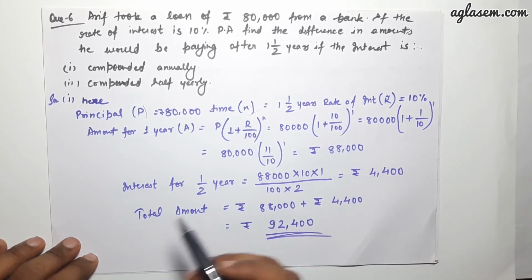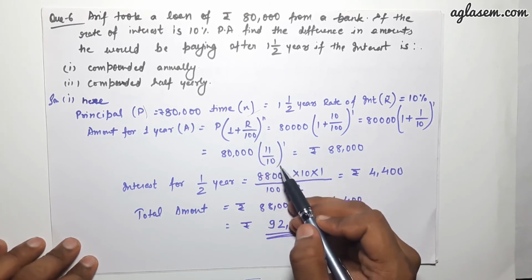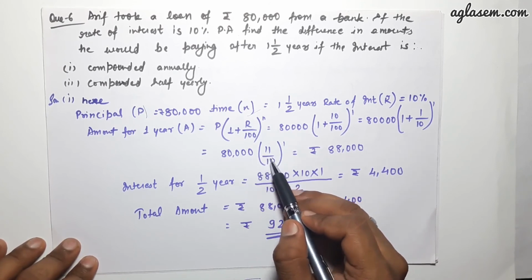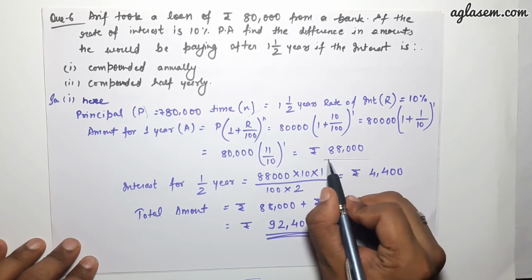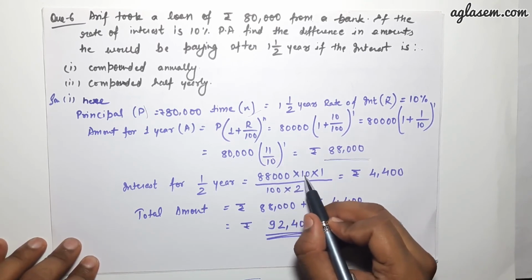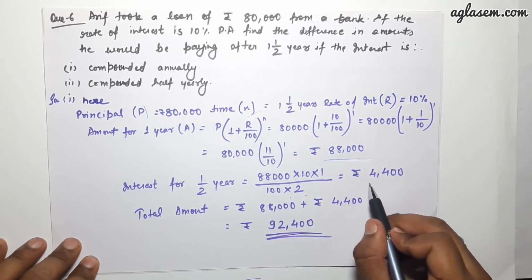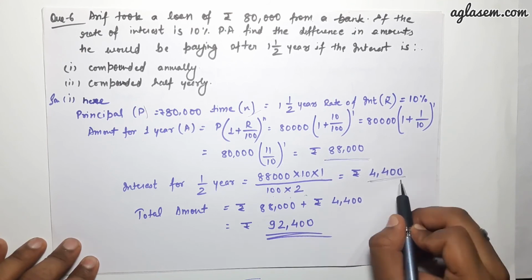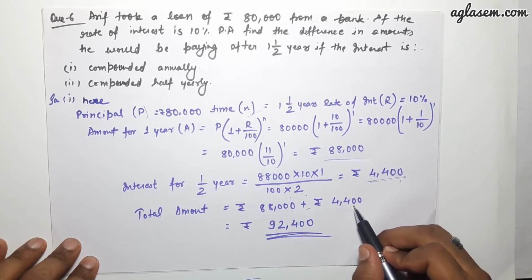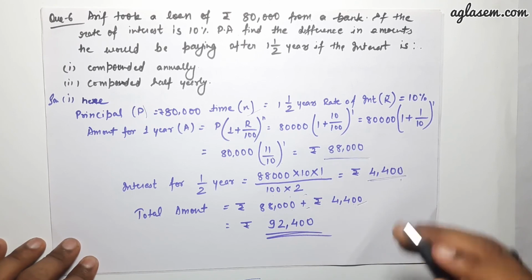After solving this, we get 80,000 (11/10)^1. So 80,000 into 11/10, we get the answer 88,000. So the interest for half year is 88,000 × 10 × 1/(100 × 2), which is 4,400. So the total amount is 88,000 plus interest for half year, 4,400, so the total amount is 92,400.